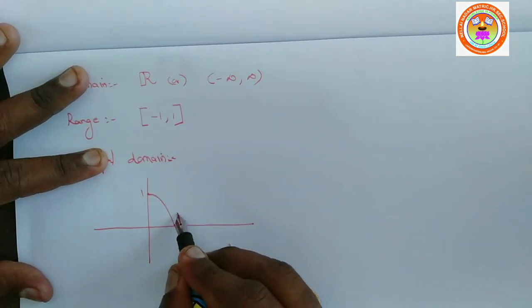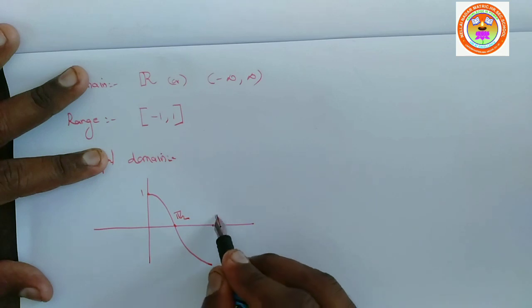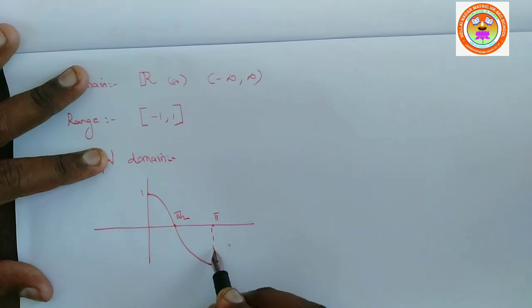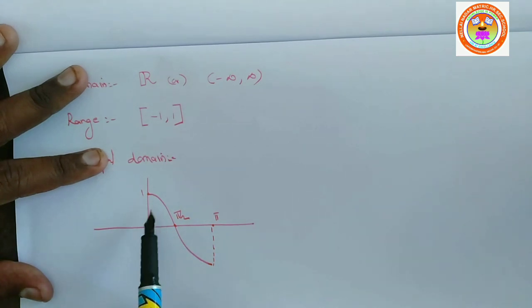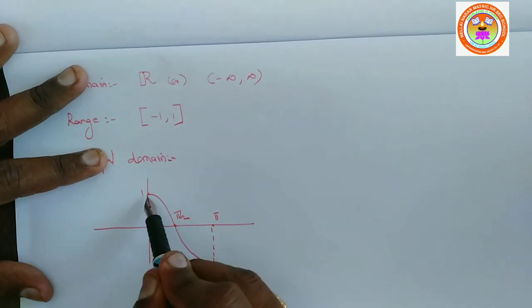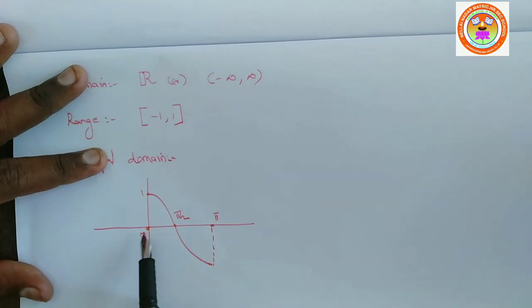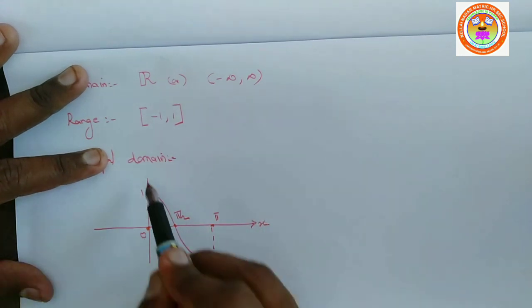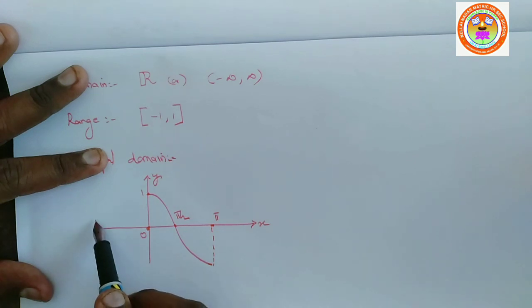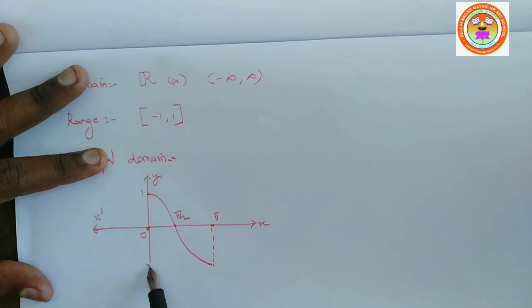This point is pi by 2 and this point is pi. From here only I will stop. This point is pi. So we will see it is surely going to be 1 to 1. This x-axis point is 0, this x-axis point is pi. This is x-axis, this is y-axis, x dash, y dash.